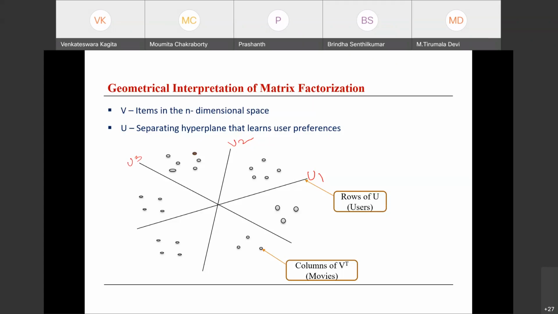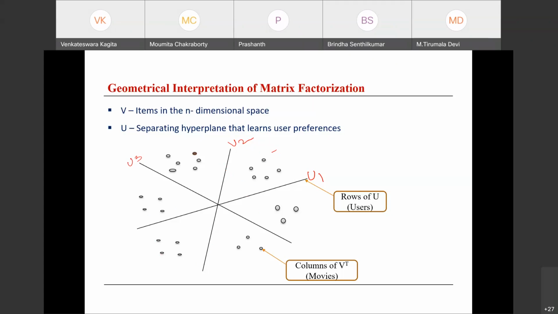According to user 1's preference, these are all the items that he likes, above the plane, and these are all the items that he dislikes, below the plane. But if you consider user 2, these preferences are changing, right? So though the item representation is the same in the n-dimensional space, their hyperplanes may be different.